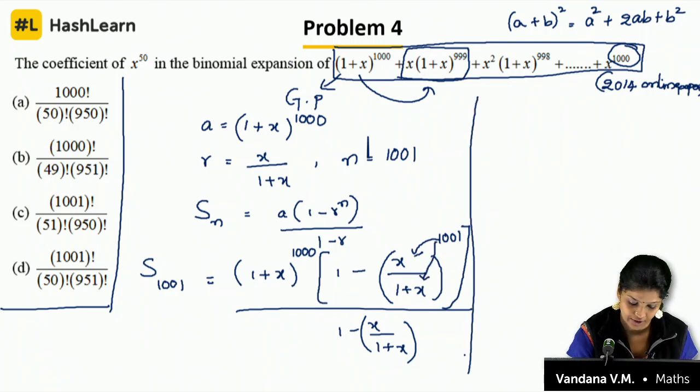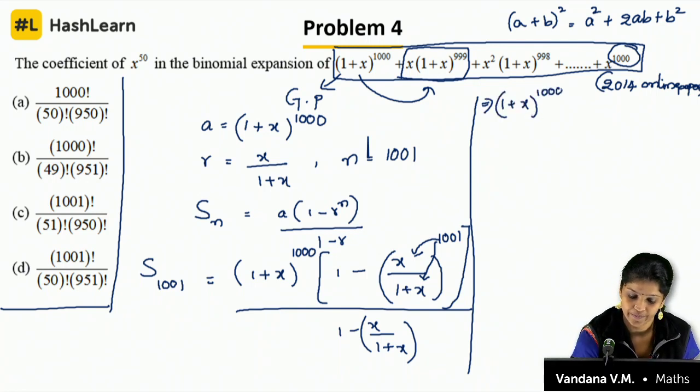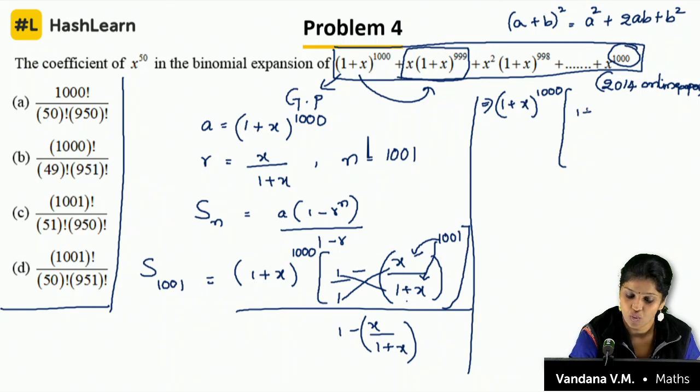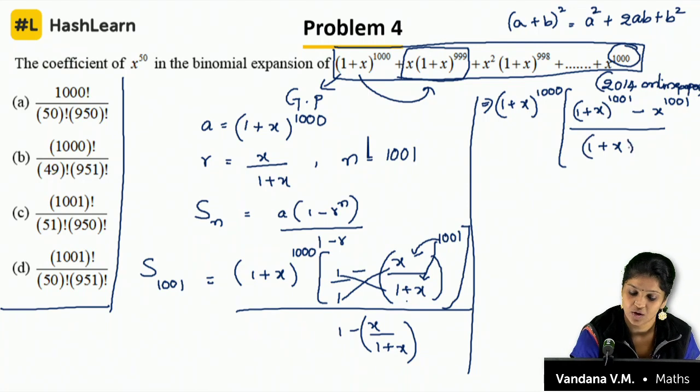The sum is (1 plus x) whole power 1000 into, take out the LCM, the cross multiplication. How much will I get here? (1 plus x) whole power 1001 minus x power 1001, divided by (1 plus x) whole power 1001.